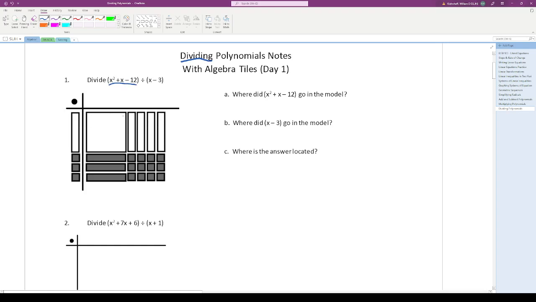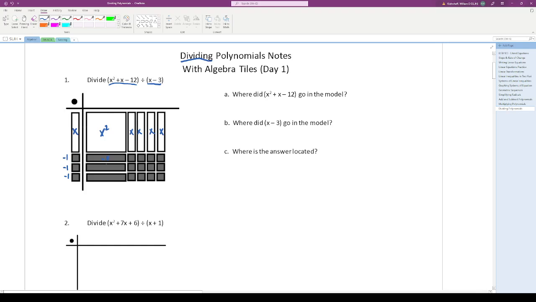In our area model, or tile model, here with algebra tiles, we have represented on the left side this x and this -3. So we have 3 minus 1s and we have an x. In our product, which goes over here, we have an x squared and 4 positive x's.